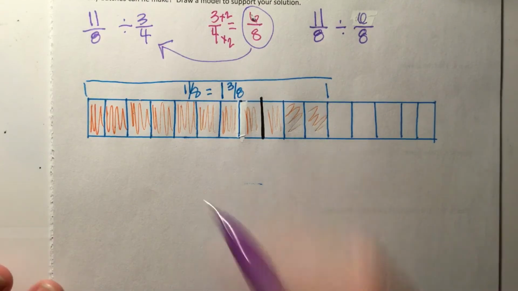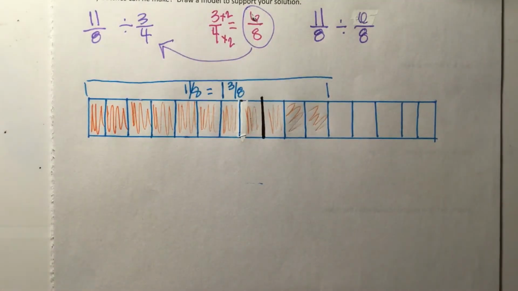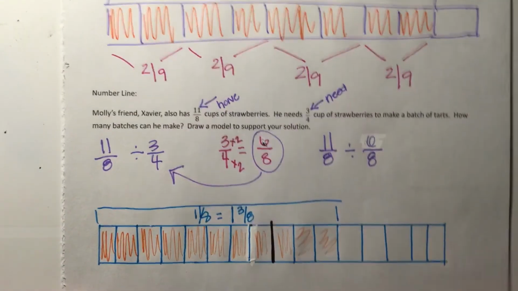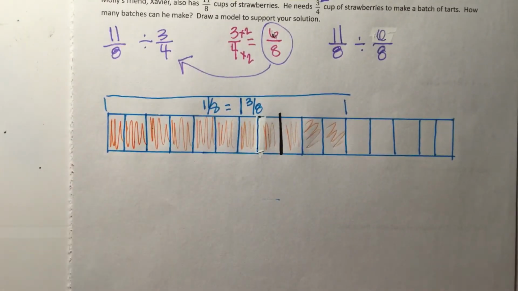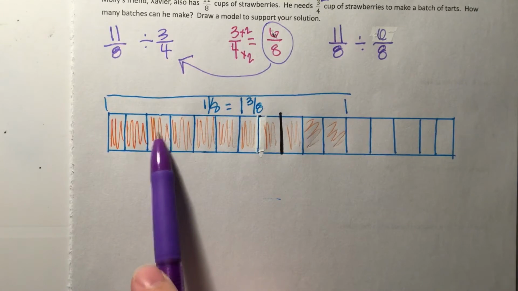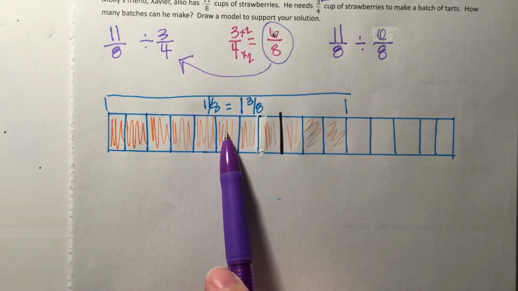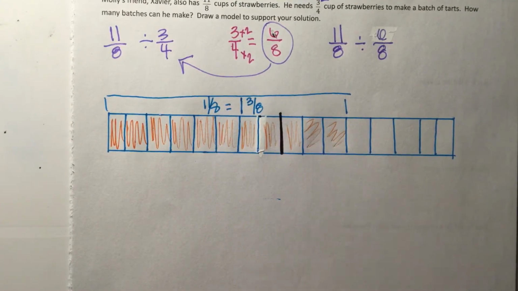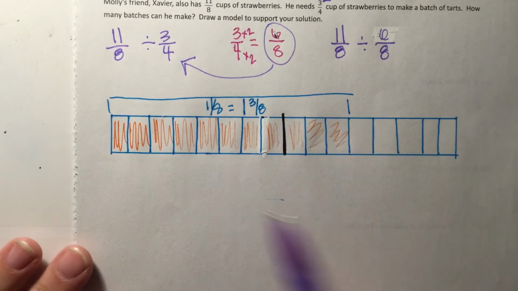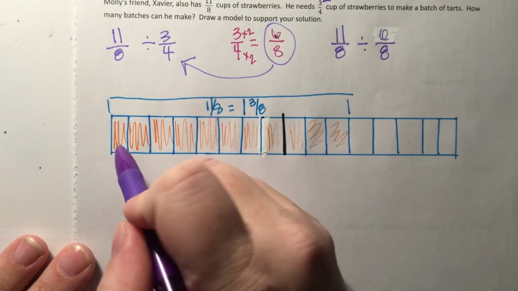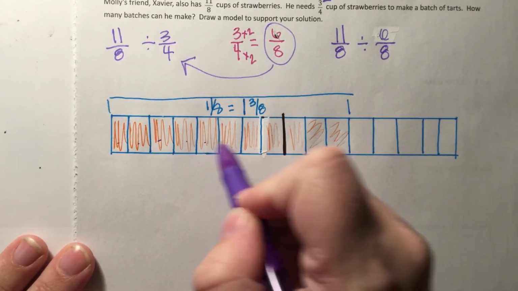Okay, so let's count. We can do this lots of different ways. So we can just loop it like we did here, or we can do the number method that we did the other day. Okay, so where you number each box. So 1, 2, 3, 4, 5, 6, and then you start over 1, 2, 3, 4, 5. So you can do it either way. It does not matter. Okay, so we have 1, 2, 3, 4, 5, 6.